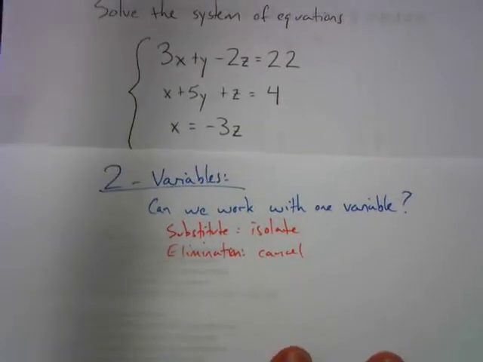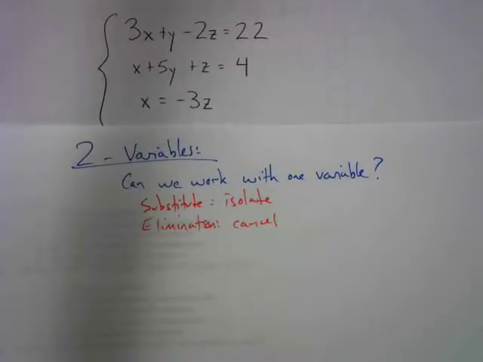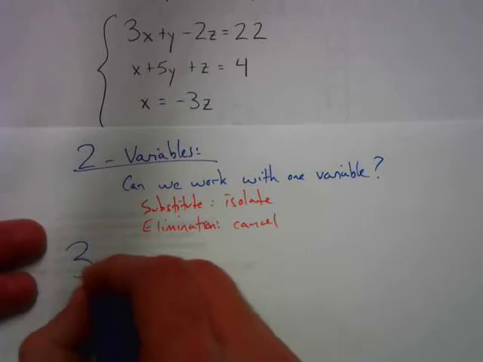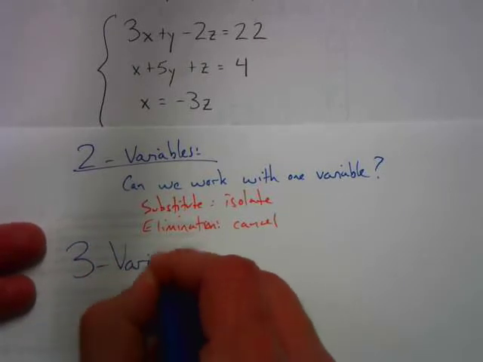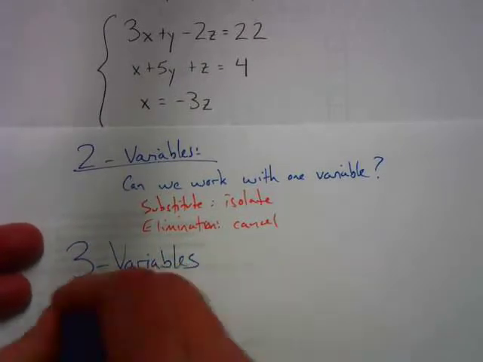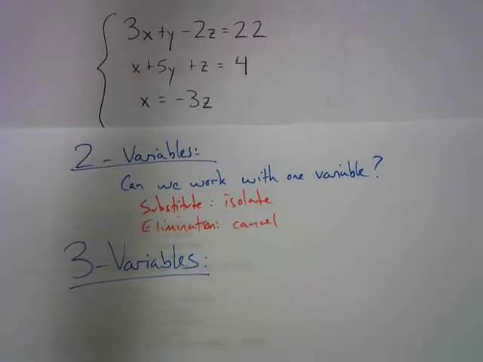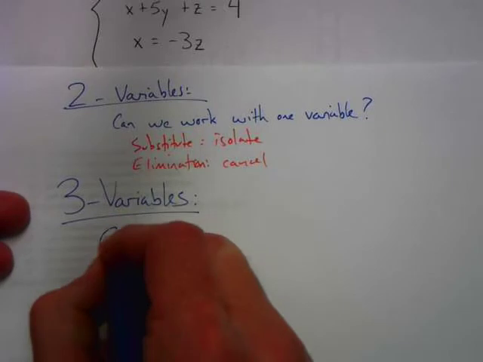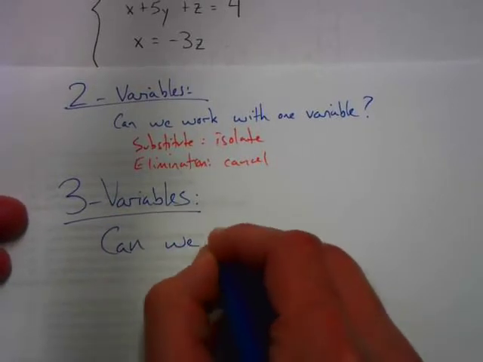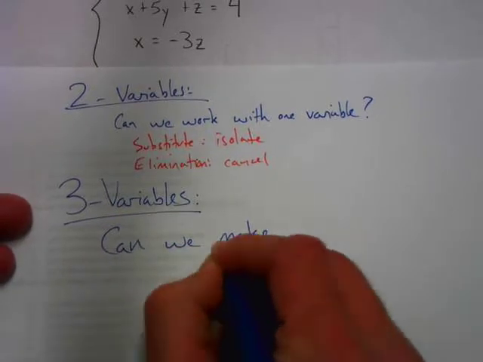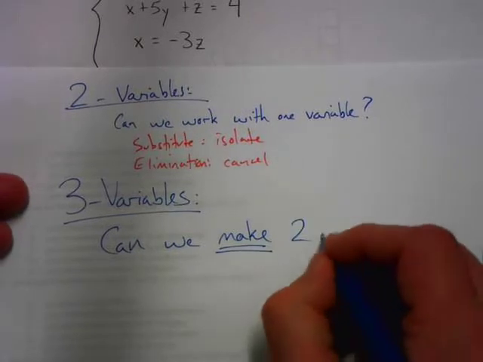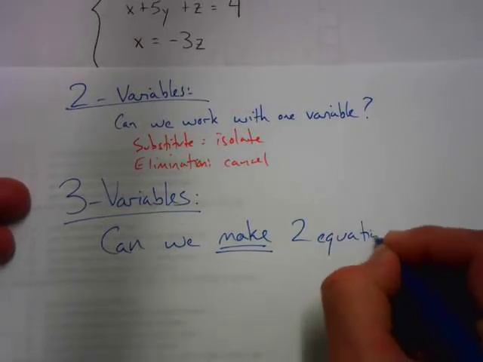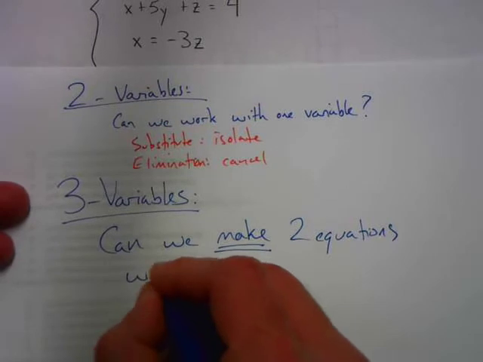So now we're dealing with a system in 3 variables. Let me give you really the only note. If we have 3 variables, the question now is, can we make 2 equations with the same 2 variables?